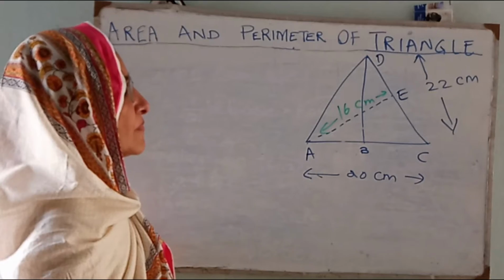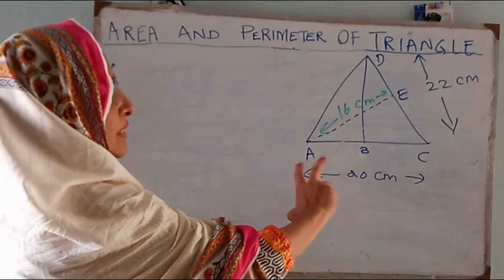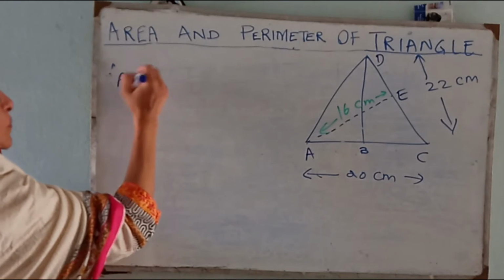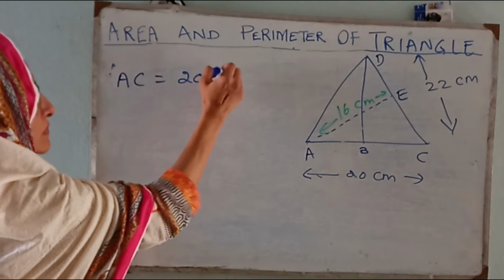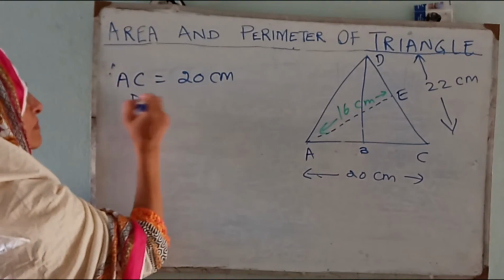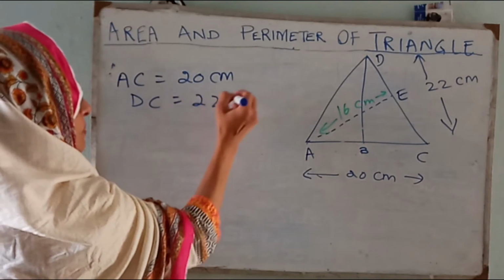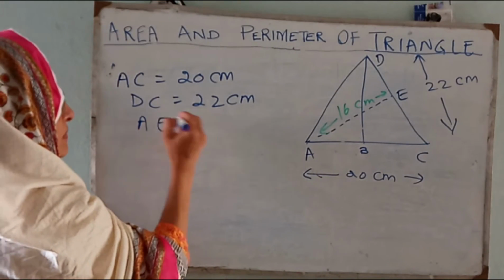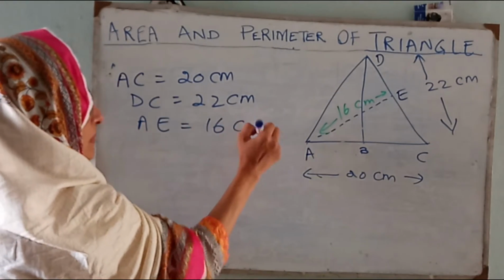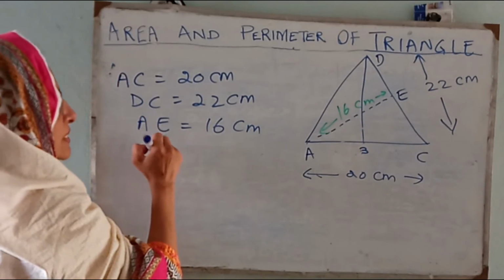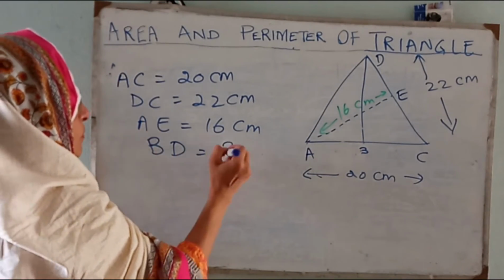Now for example, I am given this type of question in which the base AC is given as 20 centimeter, this DC is given as 22 centimeter, and this AE is given as 16 centimeter, and we have to find this height, that is, BD is equal to how much.